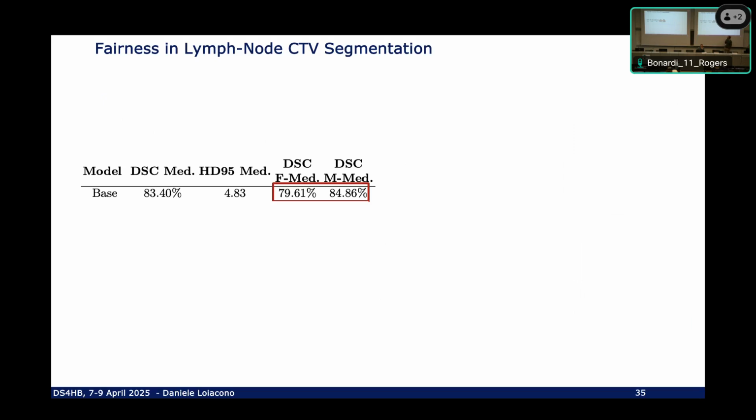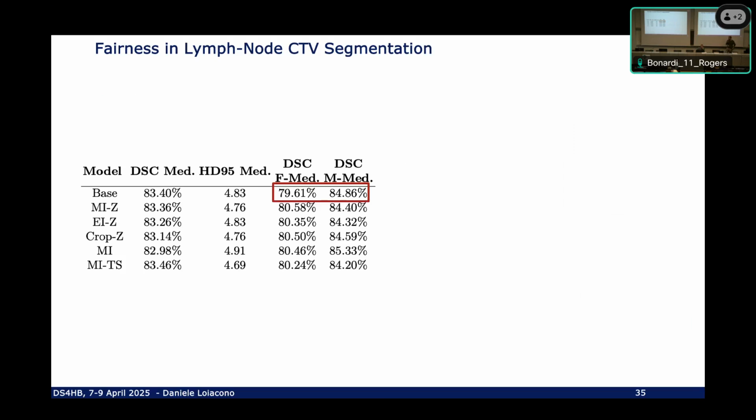we tried to guess that this might depend on some specificity due to the anatomical structures, and we tried to train an additional model with additional anatomical information as an input, to see if we can mitigate the problem.